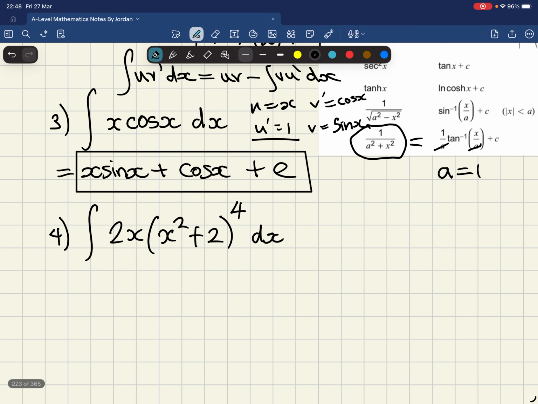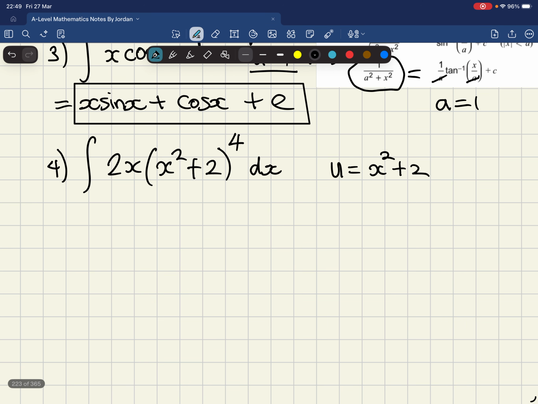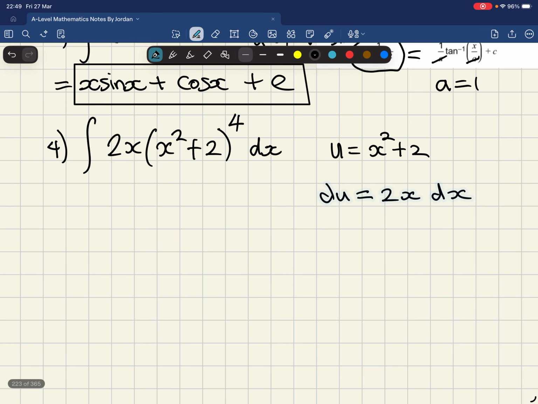And let's do the last one by substitution. So we're saying we're going to set u equal to x squared plus 2. That's where the complexity is. If we take the derivative, we get 2x. Okay.